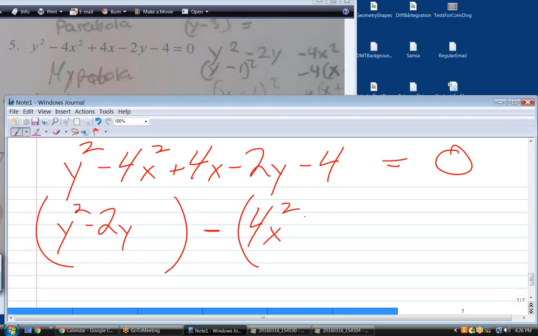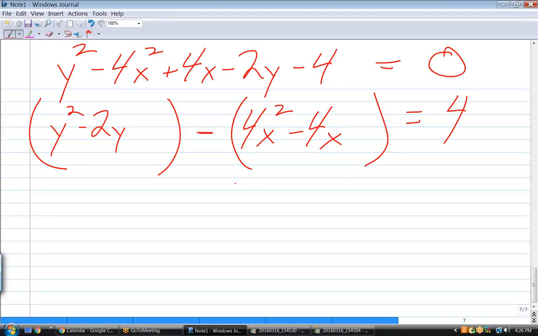Let's not do that factoring at the same time. 4x squared, and then minus 4x. Good. And then equals 4. Okay. Now it's pretty much like every other one we've done. What do you put here? 1.